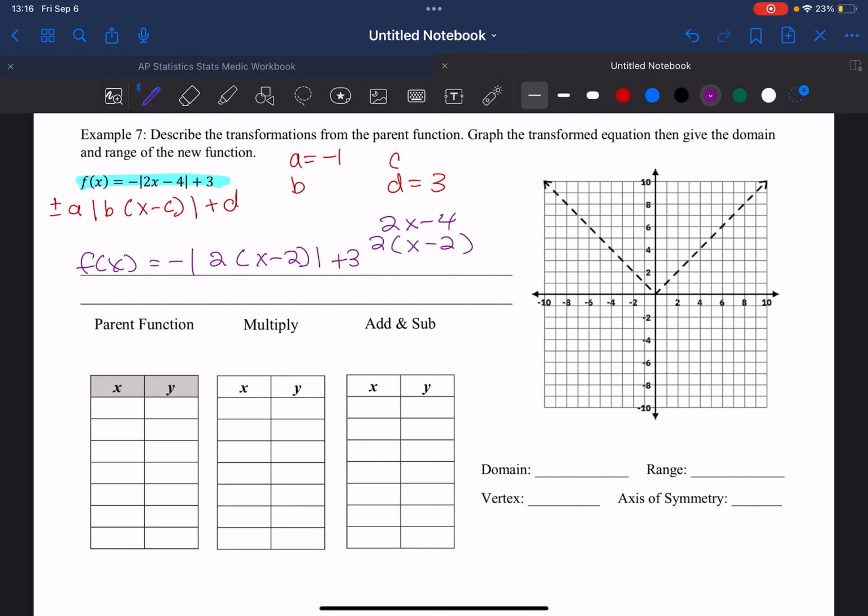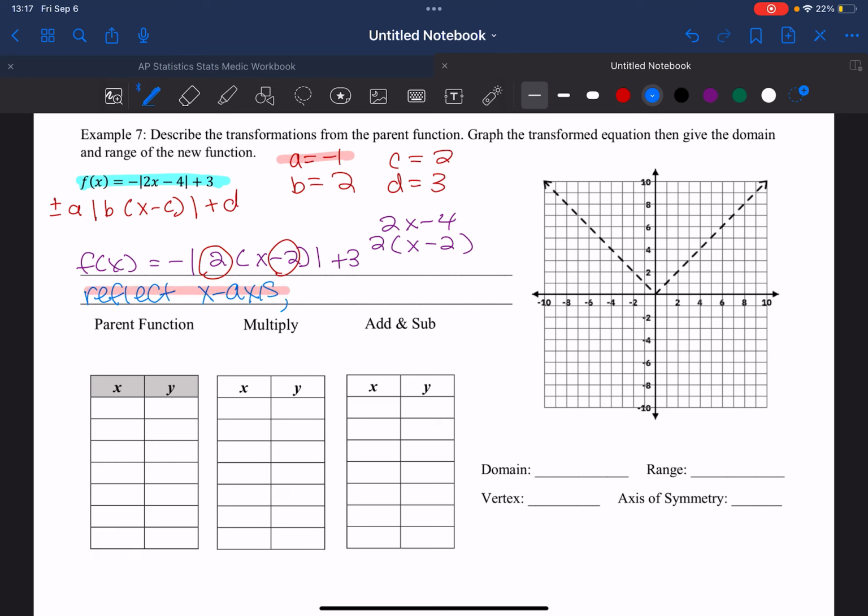Okay. So now if I'm looking at this, I can continue and I can say, okay, my B value is 2. I can see that here. And my C value is opposite, so it's also going to be 2. Okay. From here, I'm able to see that because of this A being -1, I am going to reflect across the x-axis.